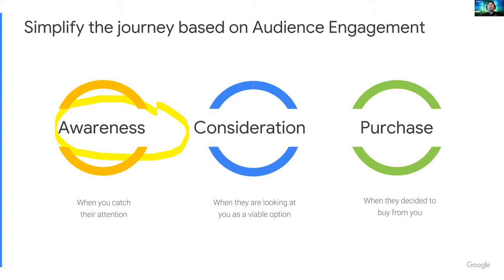And if you are present during this phase of consideration, then you are able to play the game, right? And then the third phase is the point of purchase, meaning that in an ideal situation, after evaluating the price, the efficacy, and the level of service that they are intending to receive, they then decide that, I think I want to buy from you, right?